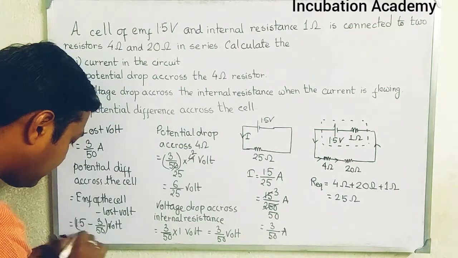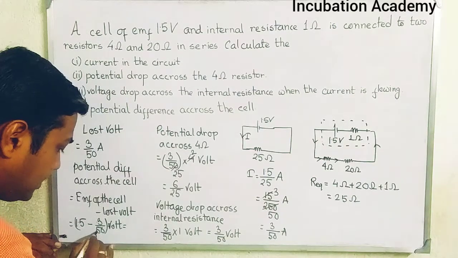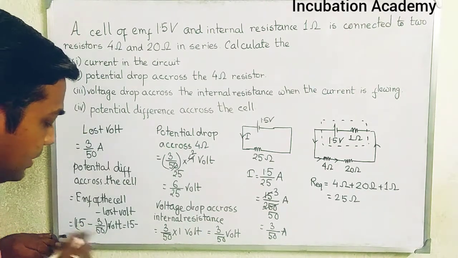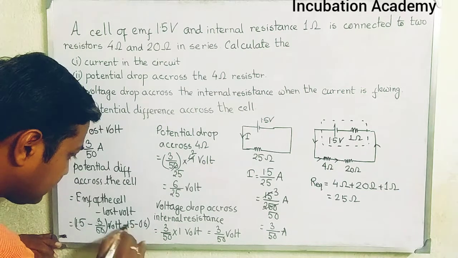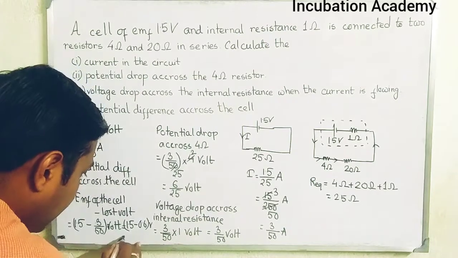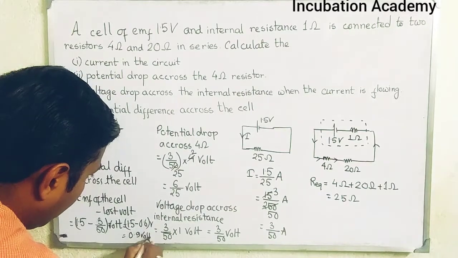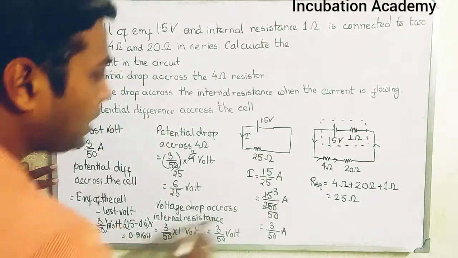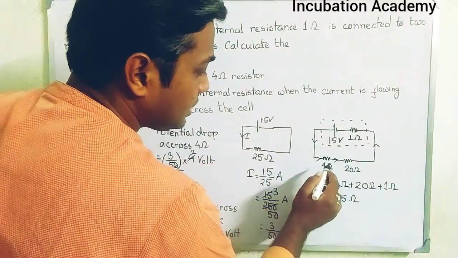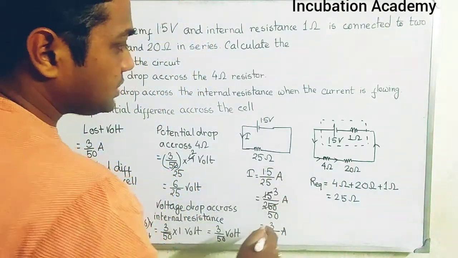If I do a little bit of calculation, 3 by 50 can be written as 6 by 100, so it will be 0.6. So 1.5 minus 0.6 gives you 0.9 volt. So 0.9 volt is actually applied to these two resistances, the series combination of 4 ohm and 20 ohm. So this 0.9 volt is available to the external circuit.